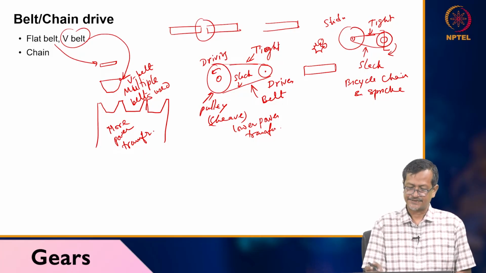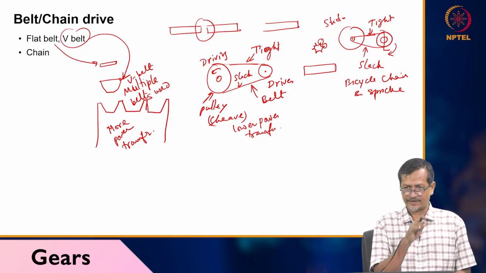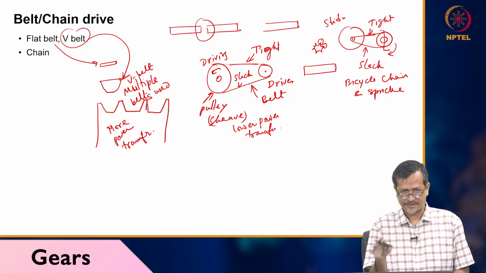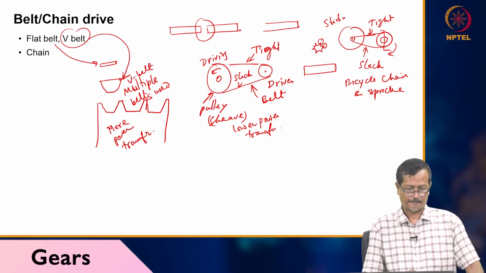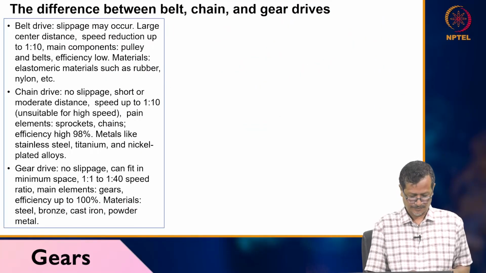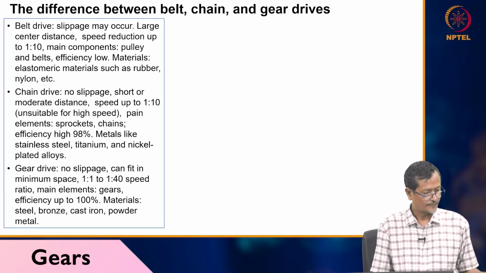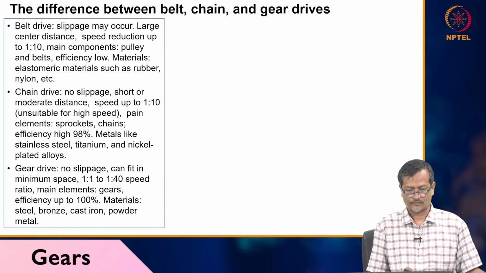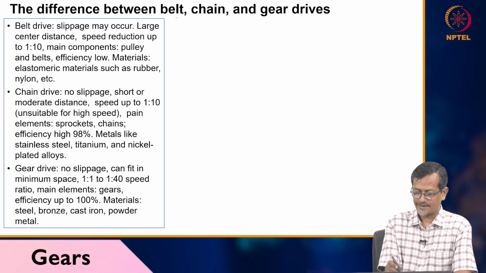And in this case, you can see this driving pulley and driven pulley are both in the same direction. If the driving one is clockwise, the driven pulley also will be in the same clockwise direction. But in gear drive, you have seen the direction changes. So, the difference between belt, chain and gear drive.